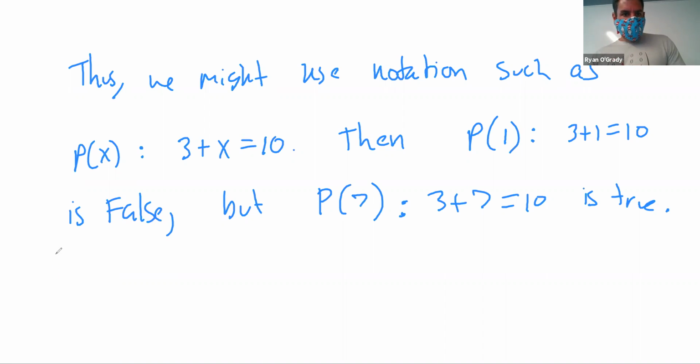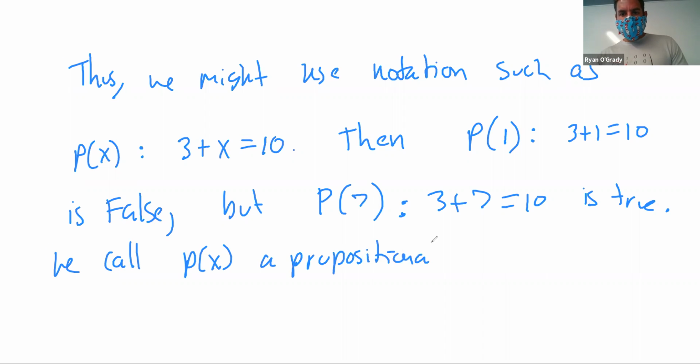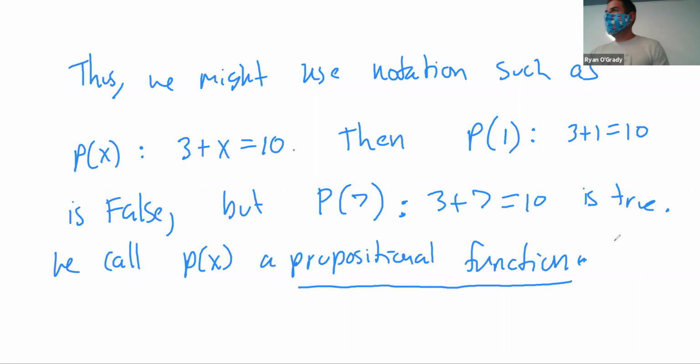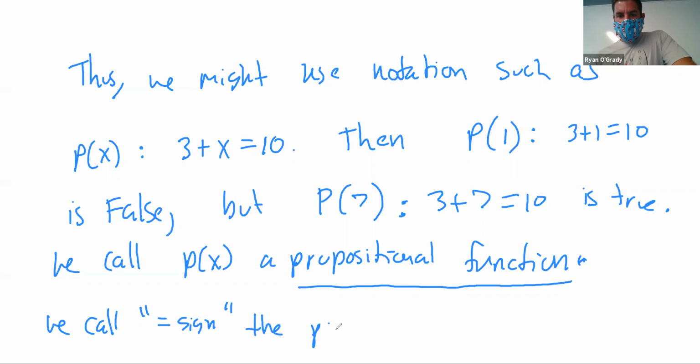So in this case, we call P of x a propositional function. It's not just a proposition, it's a propositional function because it depends on something. And then we call the equal sign the predicate.